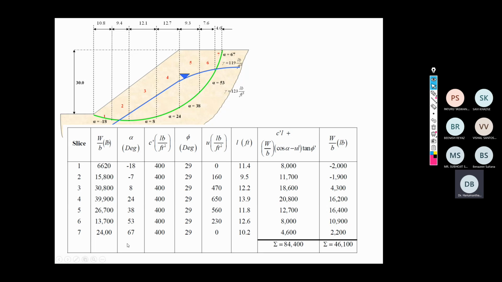Then finally you try to make a tabular form: slice number, weight of each slice, angle made by the failure plane, C dash value which is given in the sum, phi dash which is again given in the sum, the developing pore water pressure U, and the length of each slice, then the final resisting moment, that is C dash L plus (W by B cos alpha minus U L) tan phi dash. And ultimately the last column is the driving force, that is W by B.